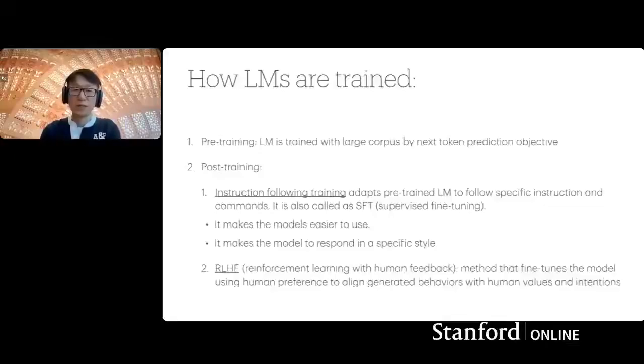However, the pre-trained model itself is not easy to use. Hence the post-training steps come in, and this post-training stage includes instruction following training as well as reinforcement learning with human feedback.